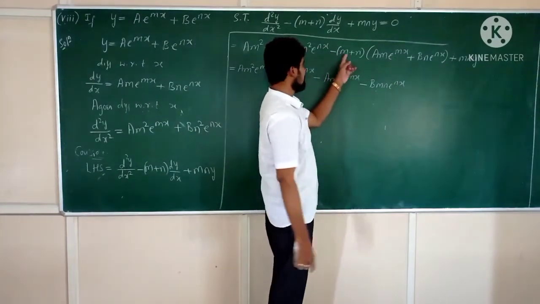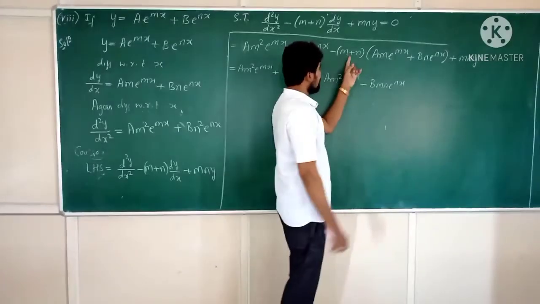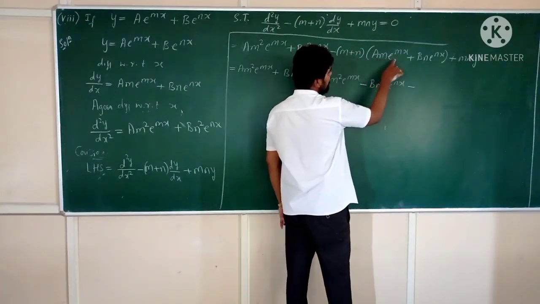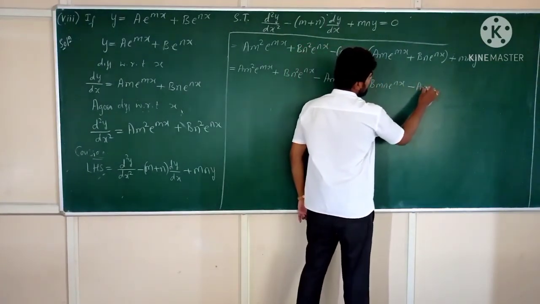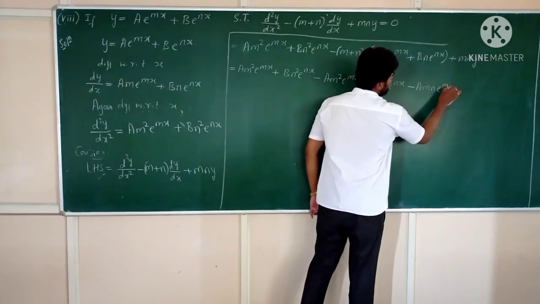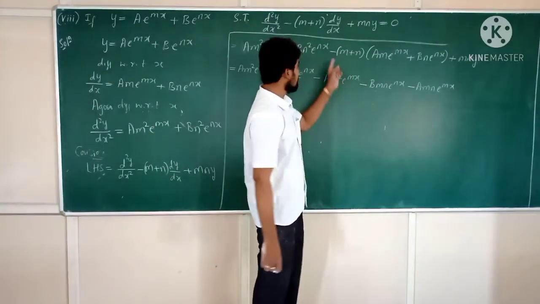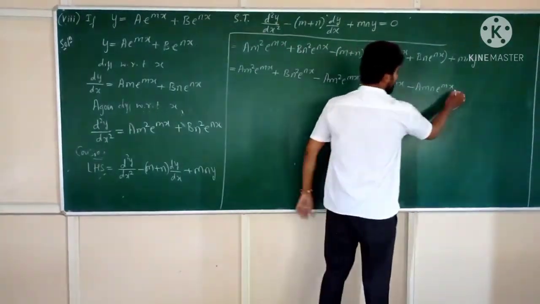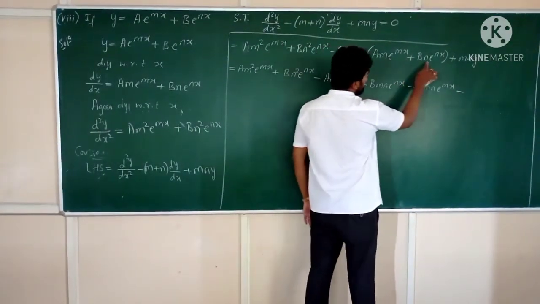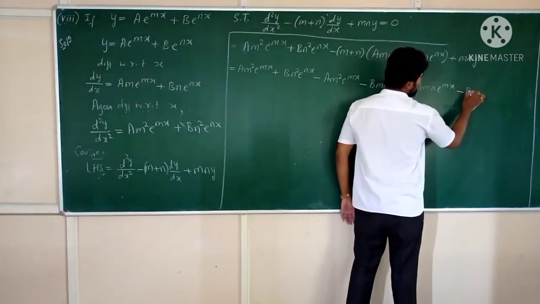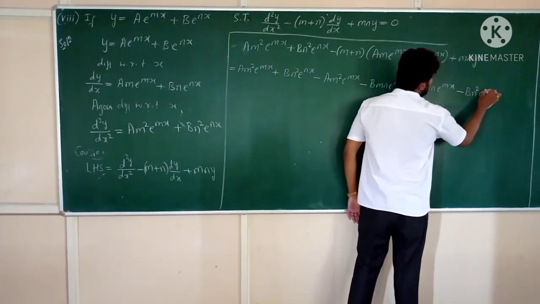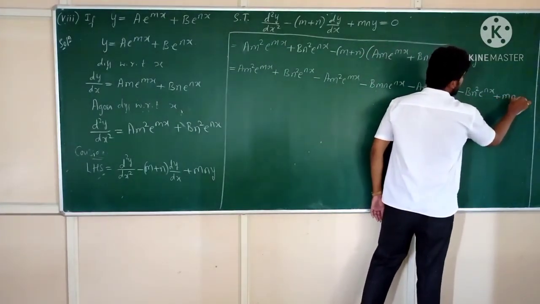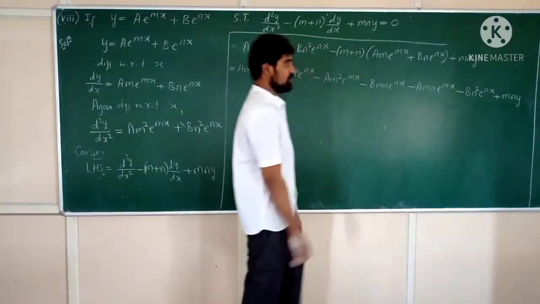And next, minus n into am e power mx is minus amn e power mx, and minus n into bn e power nx is minus bn square e power nx, plus mn y as it is. I hope all of you understand.